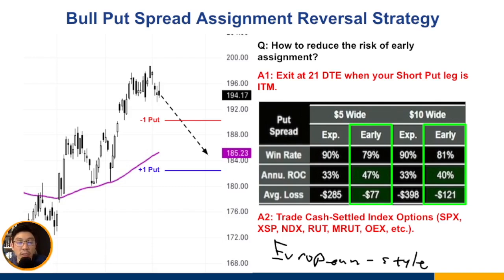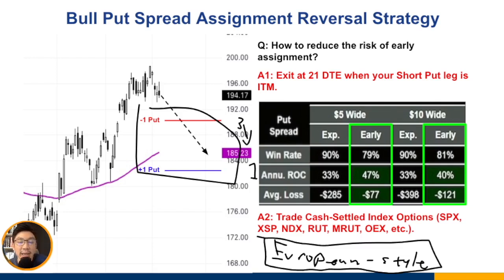So when you trade European style options, what happens is that there is no early assignment. If there's no early assignment, you can actually take this whole spread all the way to expiration, right? Even though there's maybe 3 days left, or maybe even 1 day left, you don't have to worry about early assignment, because this is a European style option.